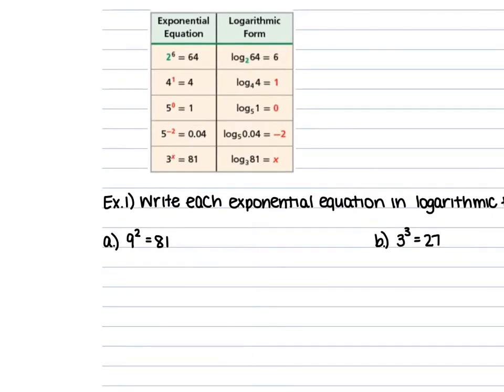If we look at example 1, this 2, the exponent, will switch places with the 81, but the 81 is going to become a whole number, and this 9 is going to become the base. So it's going to be log 9 of 81 is equal to 2. It just means that your little 9 is raised to the second power to get the 81.